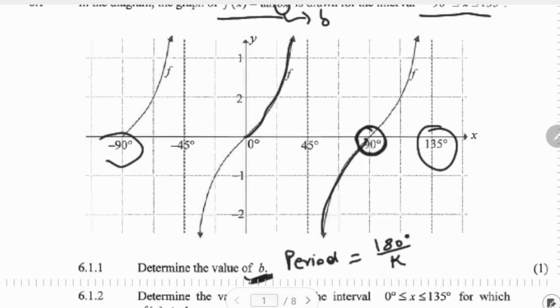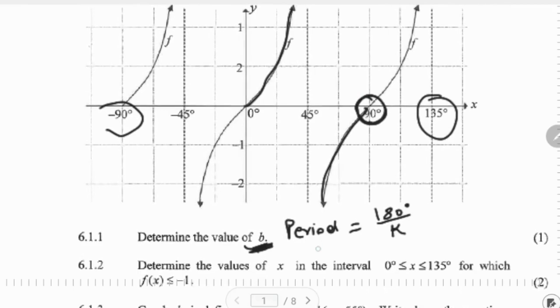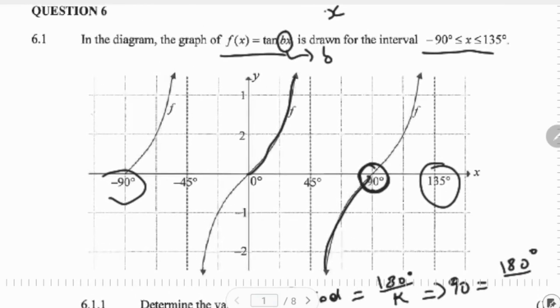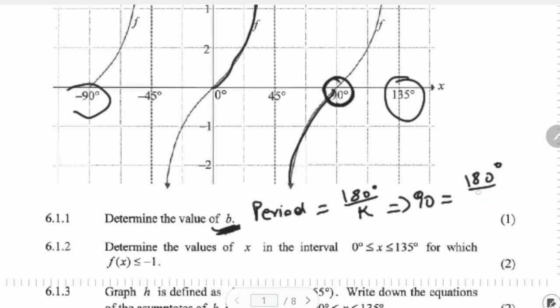So that is our period. So our period is then 90, which equals 180 divided by our k, the coefficient of x, which is our angle, and that coefficient is b.